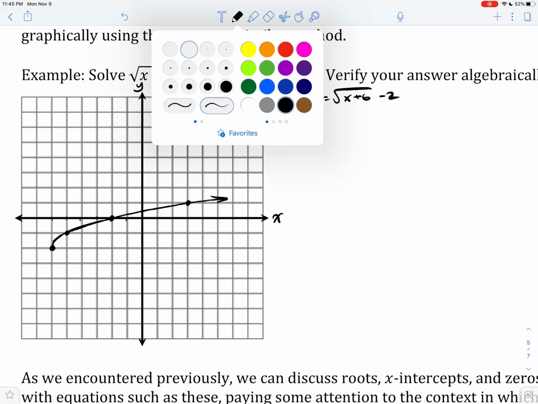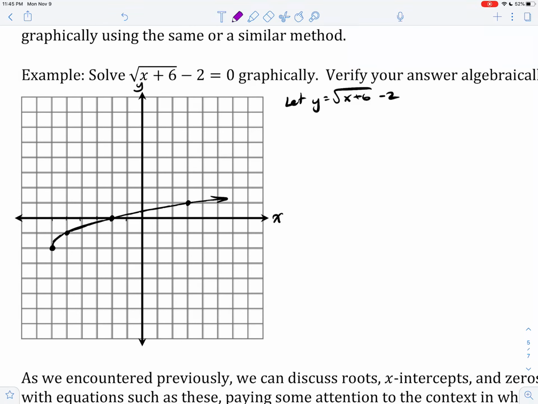On a side note, but it's related, here's what you can basically say. So the point where y equals 0 is the point where root of x plus 6 minus 2 equals 0.